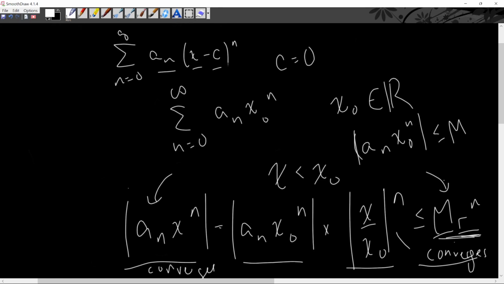So now we agree that this power series has to converge, right? Because it is less than or equal to a geometric series that does converge. So, yeah, I would say that's pretty much it.